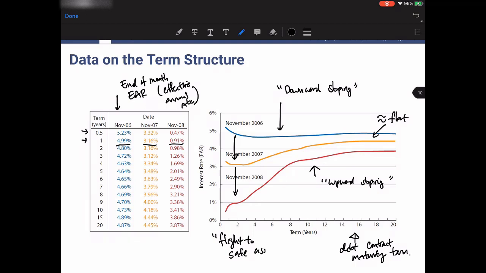So there are two possible sources that can cause interest rates to decrease in the short term. One is that the central bank is cutting interest rates at that time. In fact, they cut all the way to 0% by December of 2008. And so we saw this term structure in the short term depress significantly.